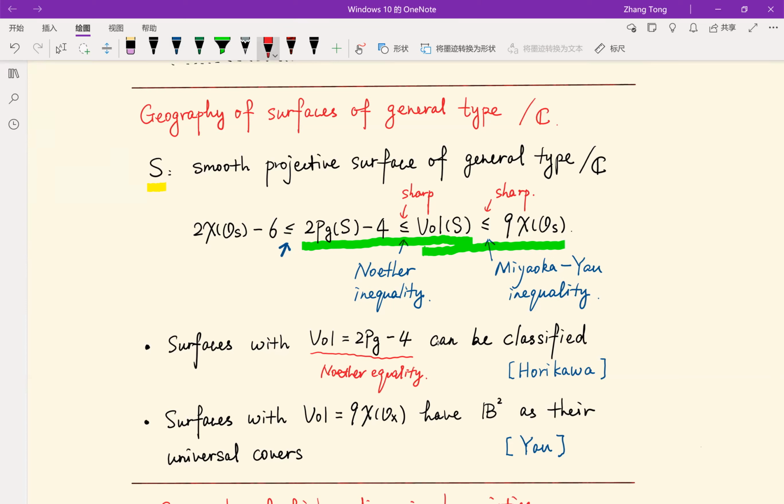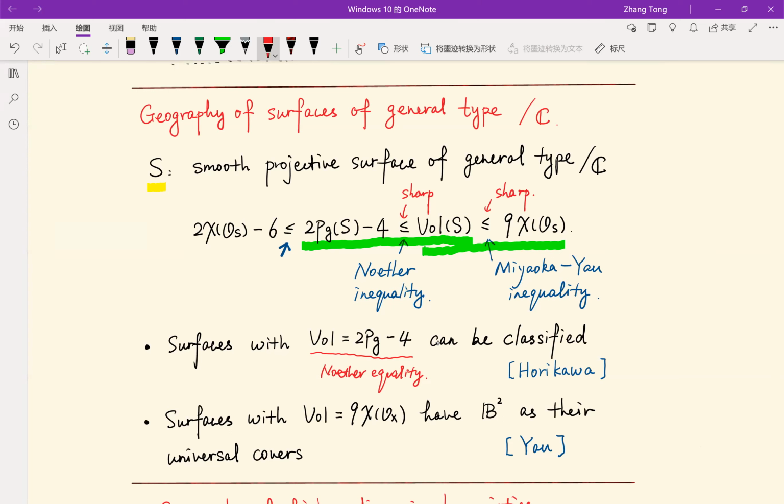This is a very fundamental work of Horikawa, in the 1970s. He gave the whole structure of such surfaces, and he even calculated the deformation type and also the topological fundamental group. And those surfaces are all simply connected. So it's a very interesting piece of work.